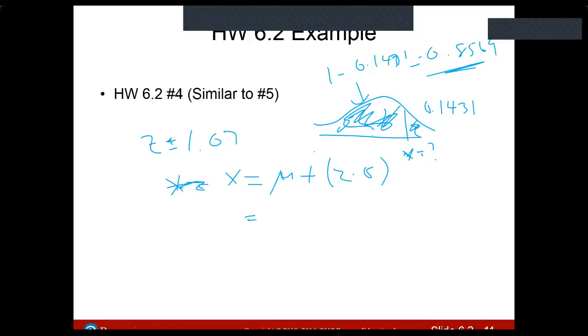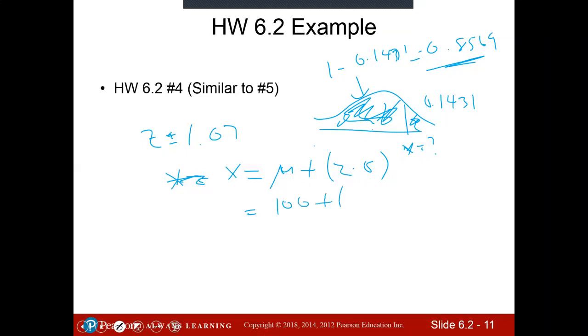Okay, so it means that we have the mean is 100 plus the standard deviation 15 times the z. Let me erase this quickly. Let's pick up the pen again.